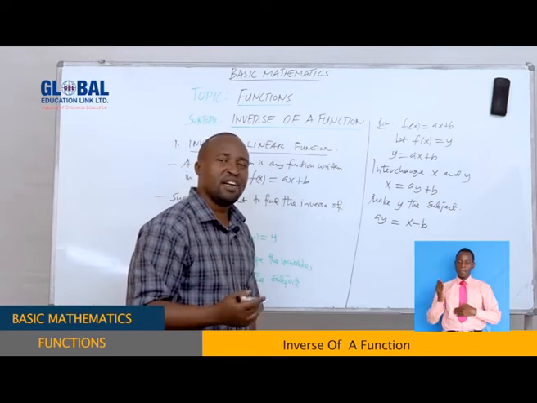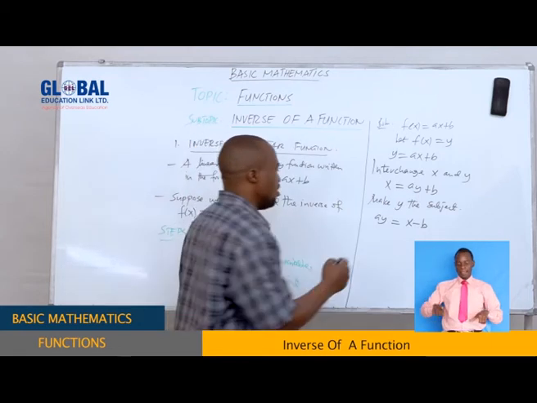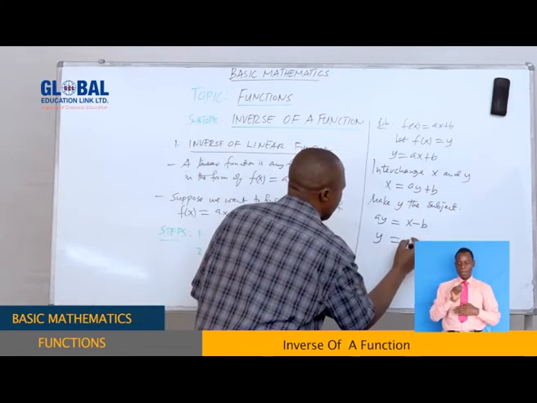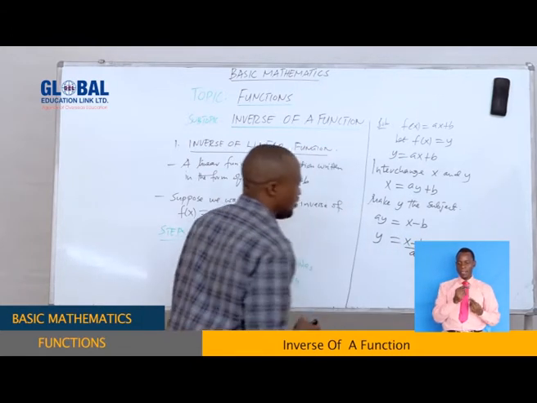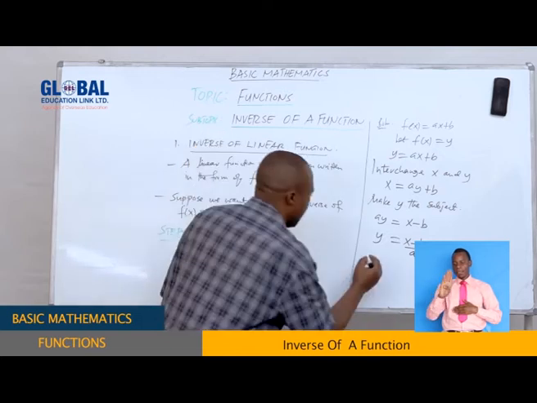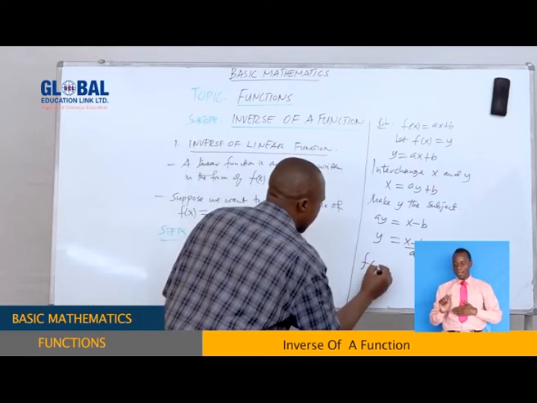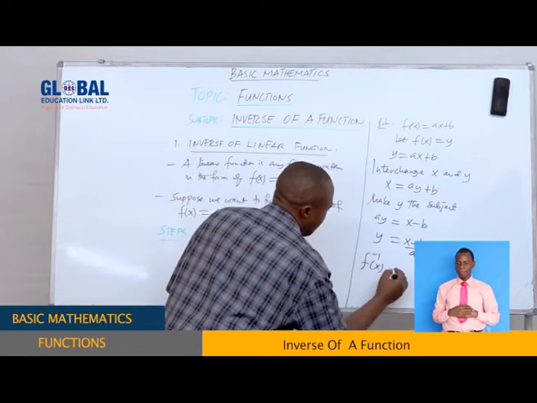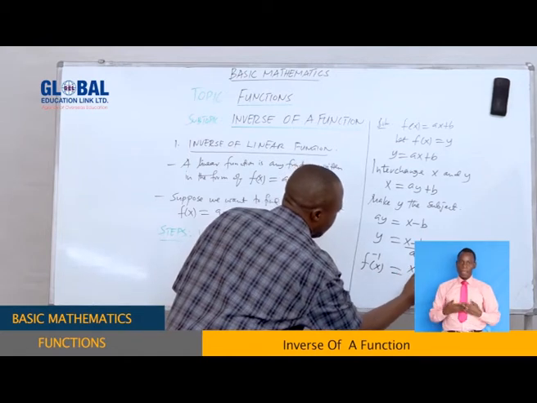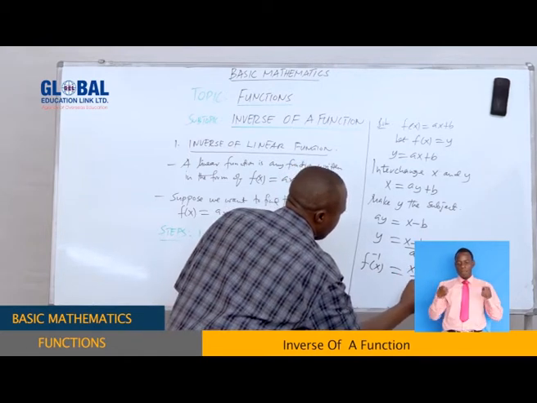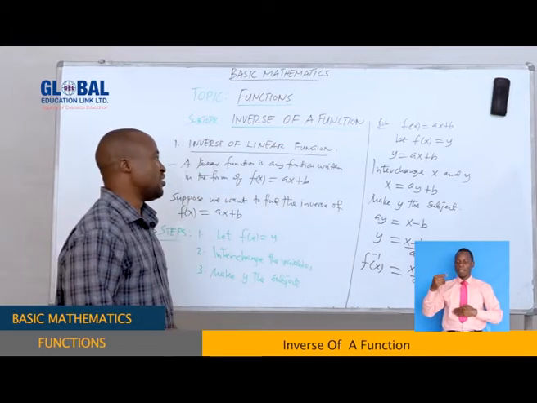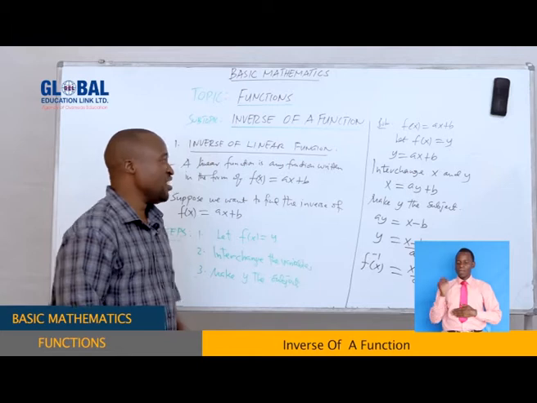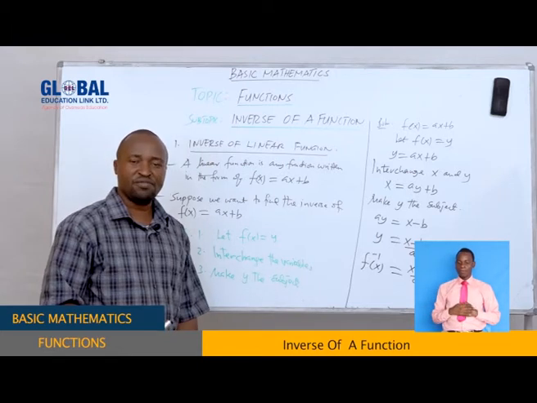So on dividing by a from both sides, we have y is equal to x minus b over a. So in this case, the inverse of our function will be equal to x minus b over a. You can see how these steps are few, but again, the process is very simple.